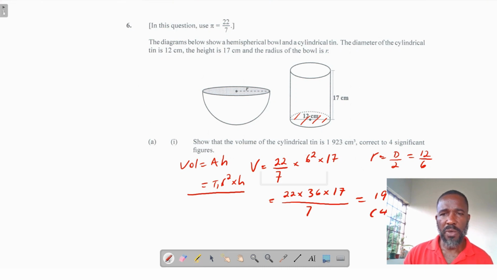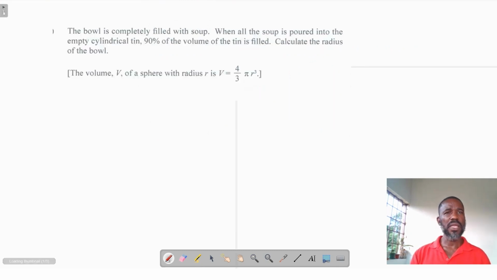Remember, we are to write the answer to 4 significant figures, and that's how we would have approached that question. Now moving on to part 2 of the question. It says the bowl is completely filled with soup.